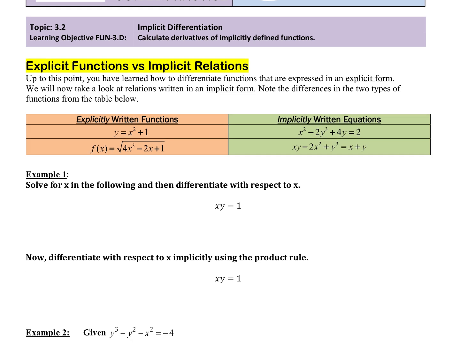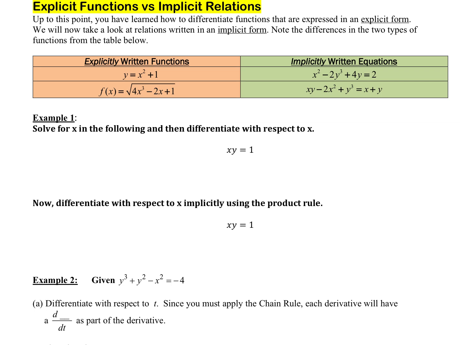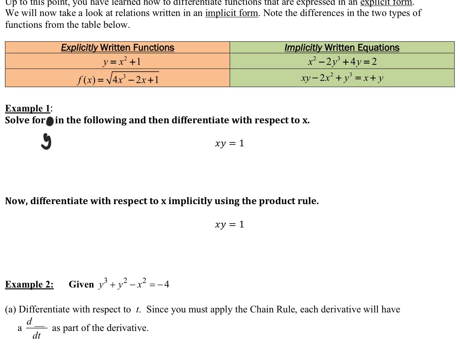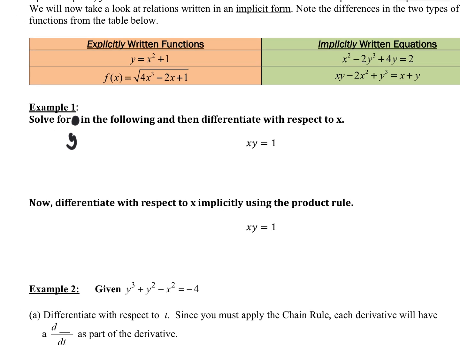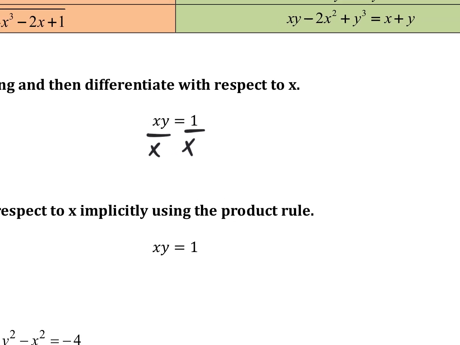So example 1 here is kind of going to get us set up, starting to solve with respect to x. It says solve for x. I actually want to cross that out, and we're actually going to solve for y. Okay, so if I solve this equation for y, divide by x on both sides, and I'm left with y equals 1 over x.